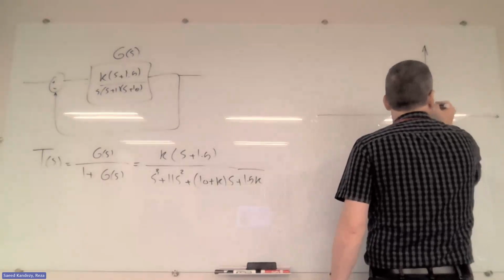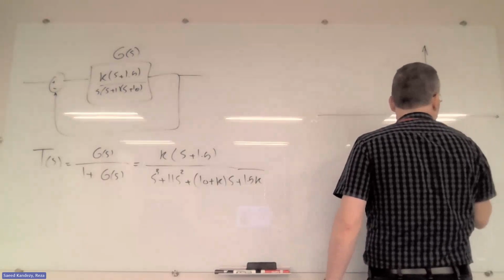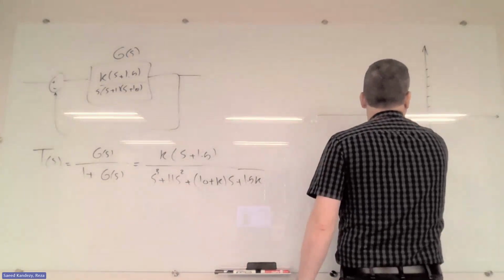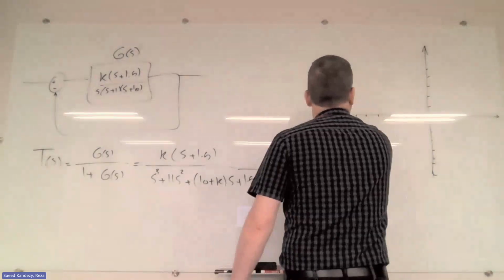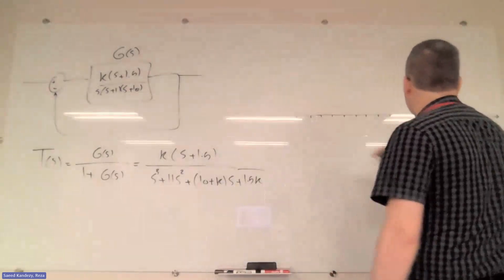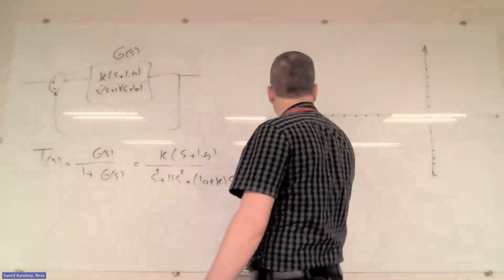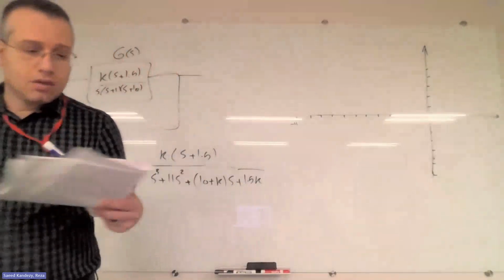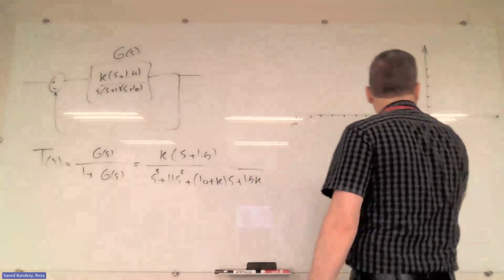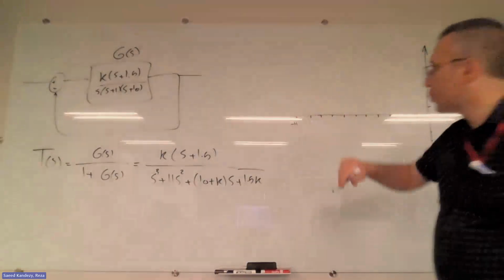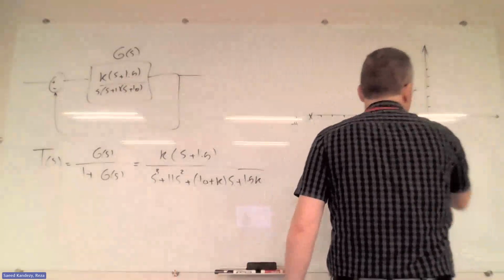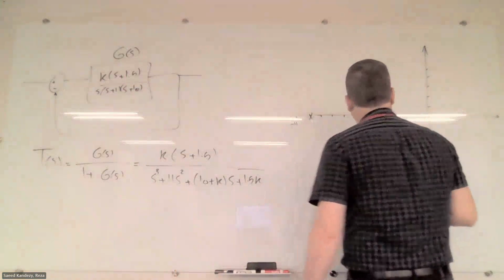Let's mark the axis from minus 1, minus 2, and so on down to minus 11. I have one pole at 0, another pole at minus 1, another pole at minus 10, and I have a zero at minus 1.5. So my zero is going to be here. Are we good?